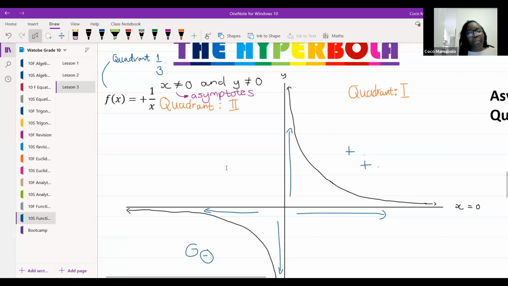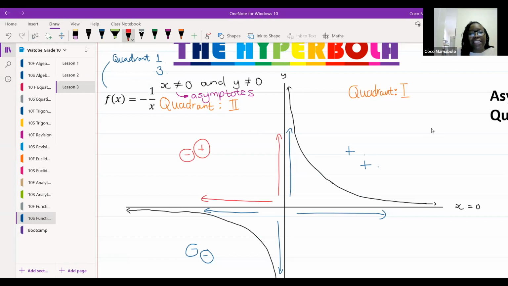Now, let's talk about if this graph was negative. If this graph was negative, my x values over here are negative, but my y values are positive.